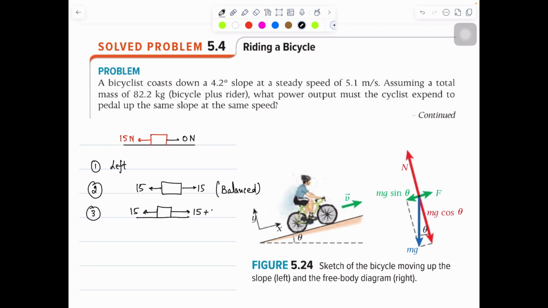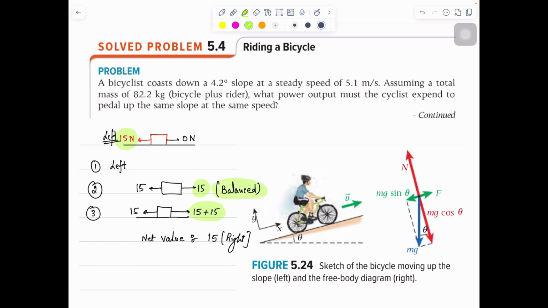If I again add 15, then what is the net value? Net value, tell me fast. Net value is 15 towards right. Yes or no? Sure. So how much do I apply to move in the opposite direction? See, case 1, it is moving in the left. Clear? Okay, if I apply only 15, it is balanced.